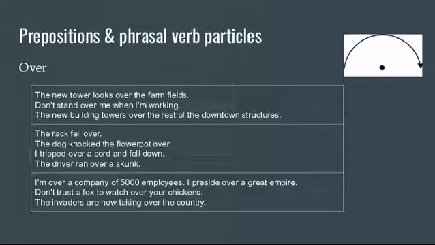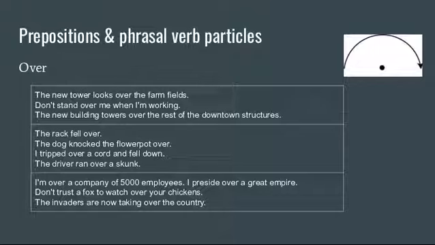From that we can derive other spatial meanings, like to fall over, which is a falling down motion, but it's different from down, which is straight down. Falling over, it's a little different. It's kind of falling down at an angle, and it may sound more descriptive. The new tower looks over the farm fields, being in a higher position, standing over me.